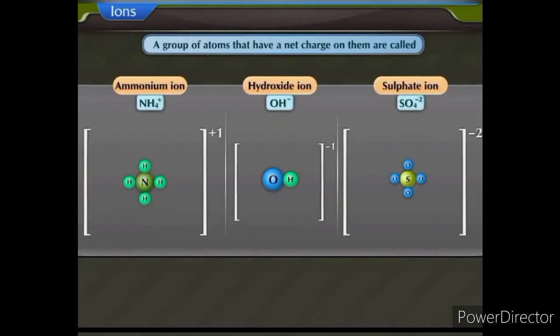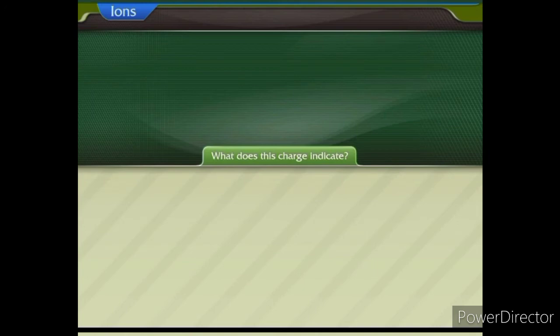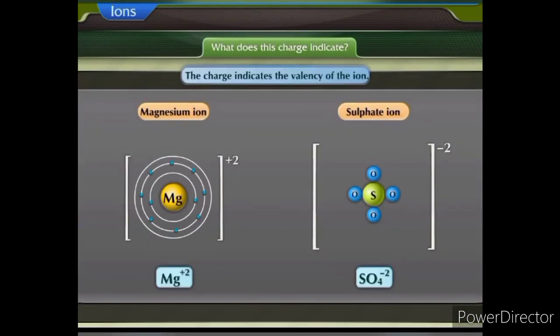A group of atoms that have a net charge on them are called polyatomic ions. For example, ammonium ion NH4+, hydroxide ion OH-, sulfate ion SO4 2-. What does this charge indicate? The charge indicates the valency of the ion.